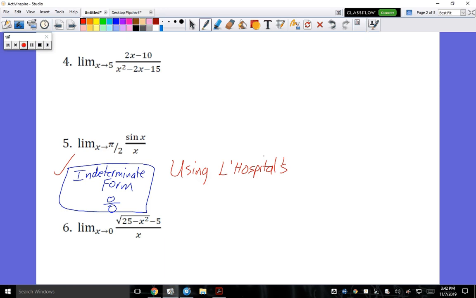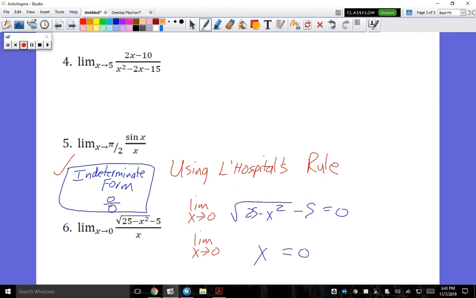So using L'Hopital's rule, we're going to quickly verify that sure enough, the limit as x approaches 0 for the top and the bottom, and you just write the equations out as needed. The square root of 25 minus x squared minus 5 is equal to 0, and sure enough, x is equal to 0.